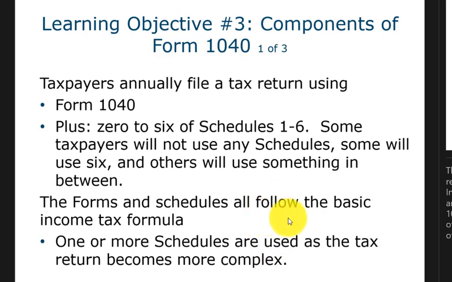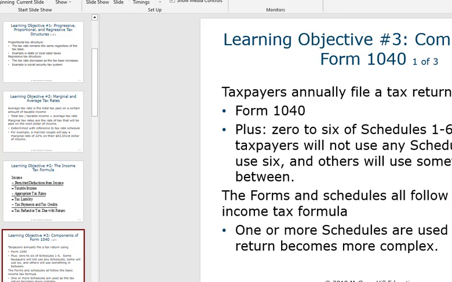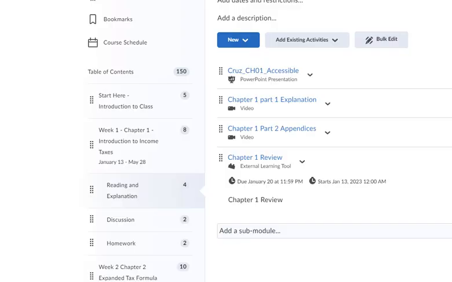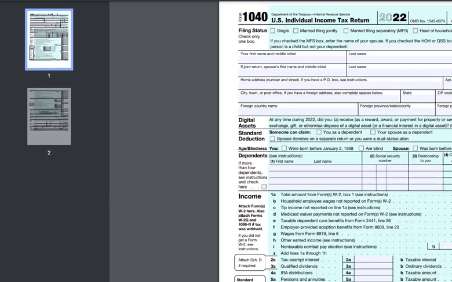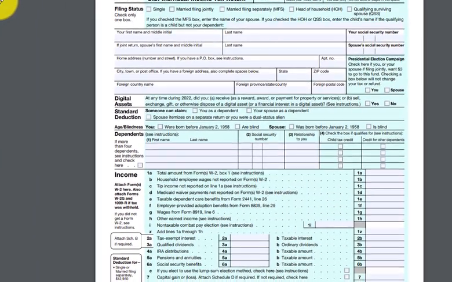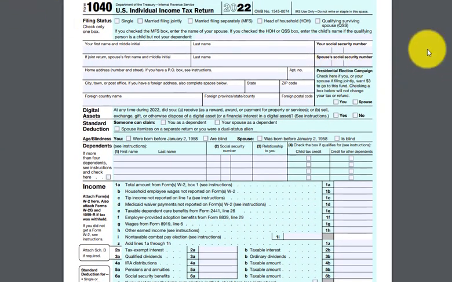So if we go to a copy here of the 1040, you'll see what it looks like for 2022.